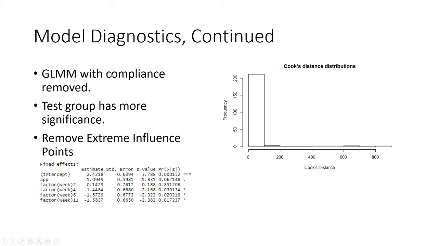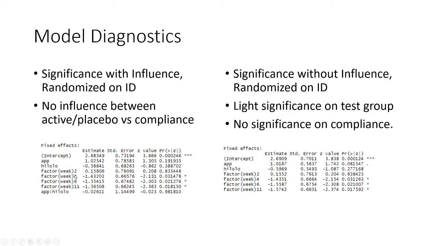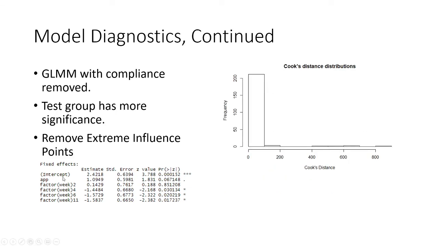So now we're continuing with the model diagnostics. Since previously we concluded that the high-low compliance group does not affect the drug effects and does not influence the outcome at all, we just remove the high-low compliance factor.